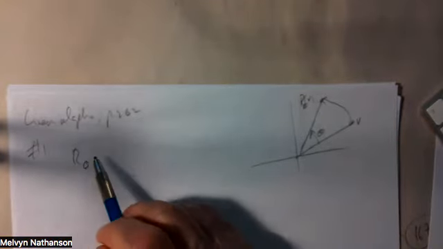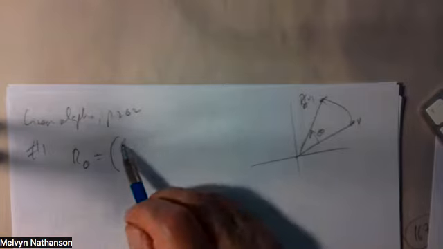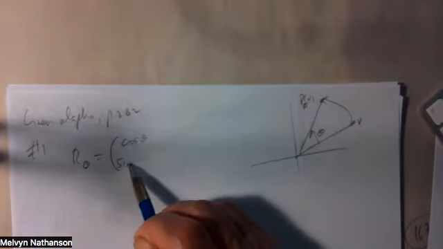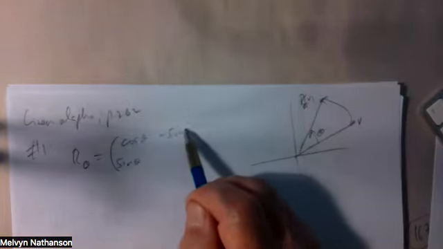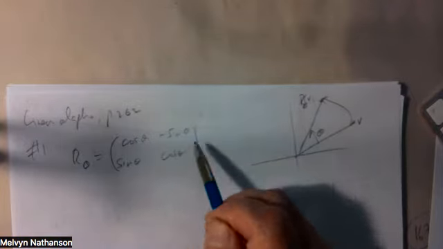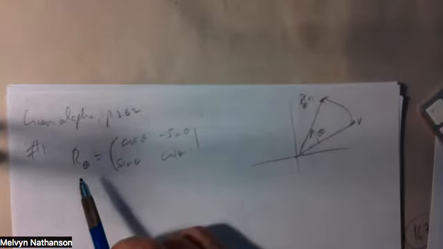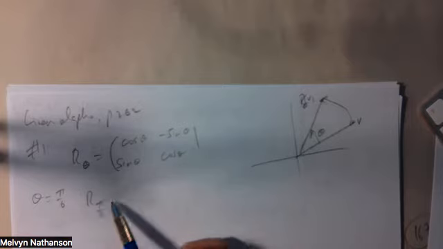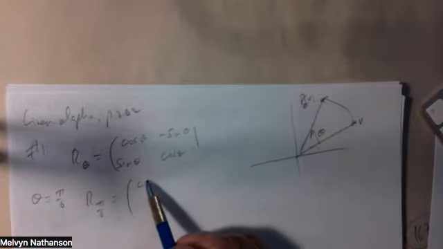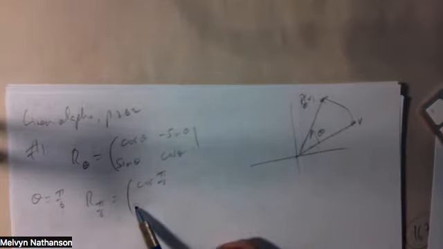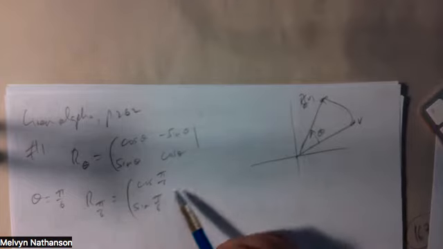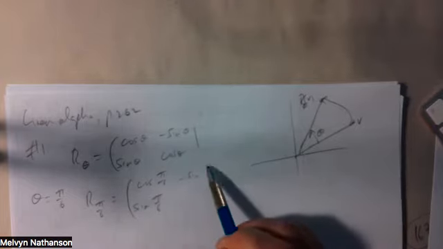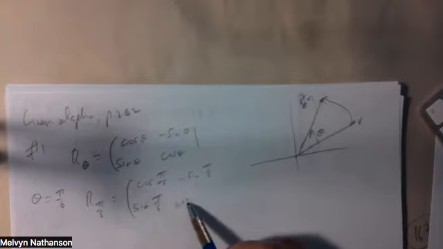And the matrix for this rotation is cosine theta, sine theta, minus sine theta, cosine theta, for any angle theta. So if theta is pi over 6, rotation by pi over 6 has the matrix cosine pi over 6, sine of pi over 6, minus the sine of pi over 6, cosine of pi over 6.